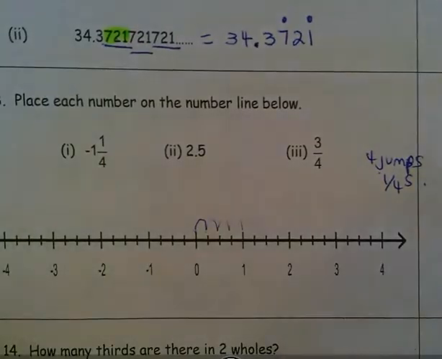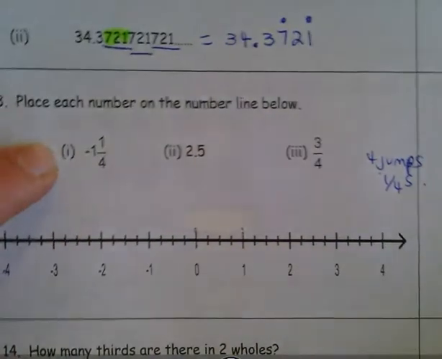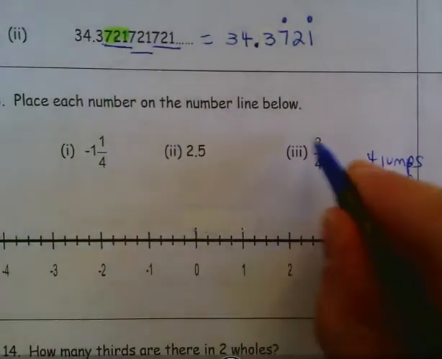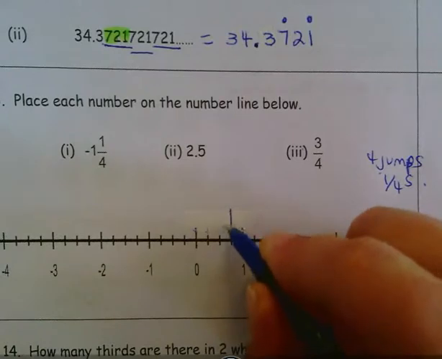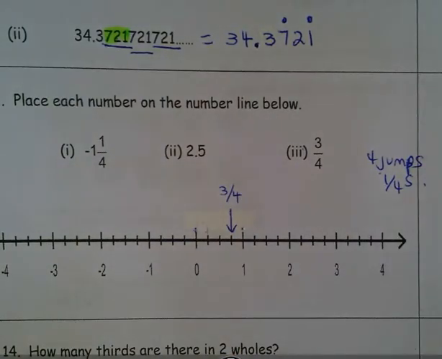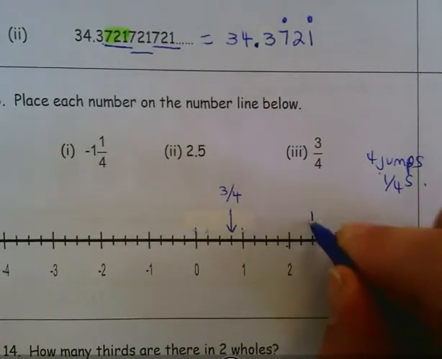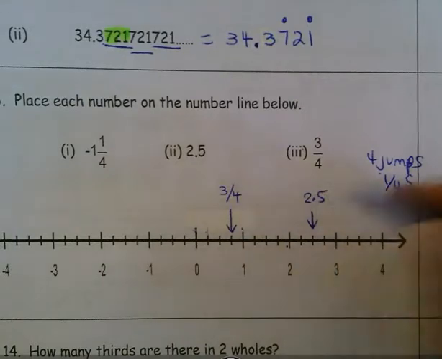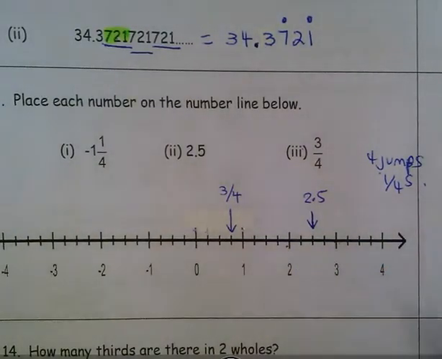Let's do which one's easiest? Let's do 3/4. So 1, 2, that's 3/4 there. What about 2.5? Where does 2.5 go? Exactly between 2 and 3. 2.5 is exactly halfway between 2 and 3.